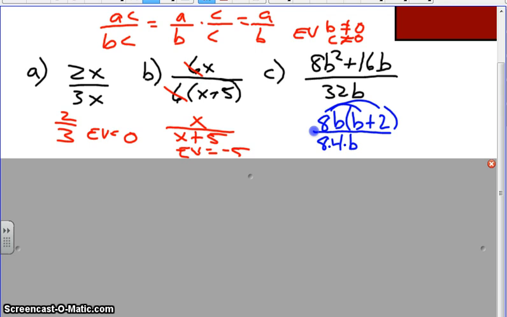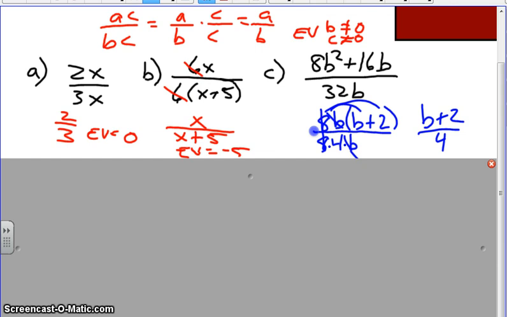Often we don't. We just say 8 over 32 we can simplify, right? But it's the same thing, whether we're using numbers or larger factors. The 8 over 8 equals what? 1, right? And the b over b equals 1 as well. So we end up with b plus 2 over 4 as our simplified ratio.